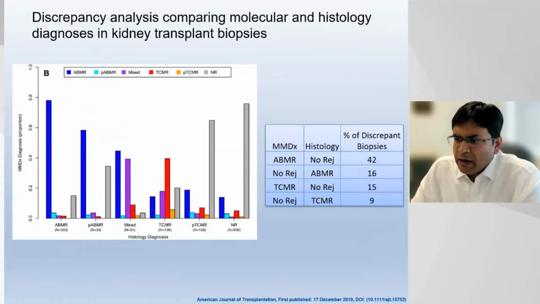Around 15% of the time, MMDx called TCMR, but rejection was not called by histology. And around 10% of the time, histology called TCMR, but no rejection by MMDx. So essentially, once again, these techniques should be complementary, and the clinician needs to consider these data together as opposed to taking one or the other as the source of complete truth.